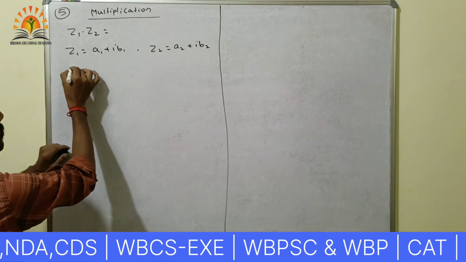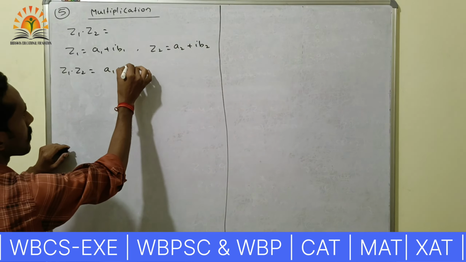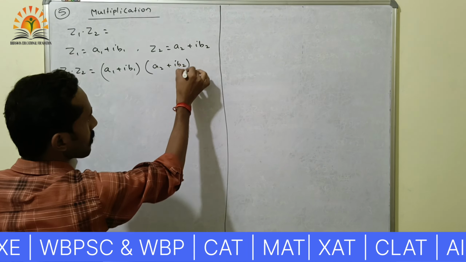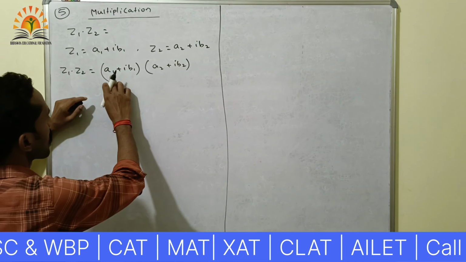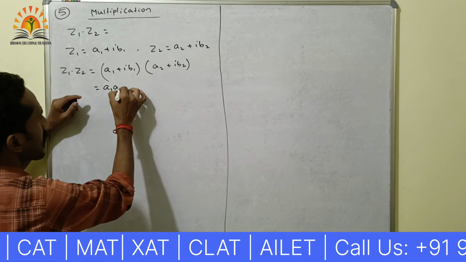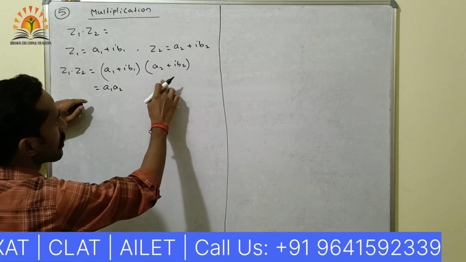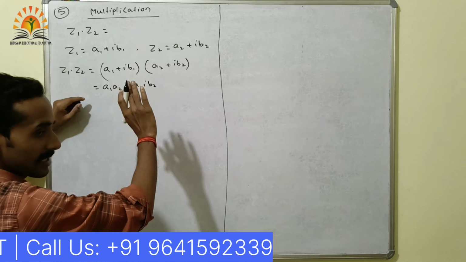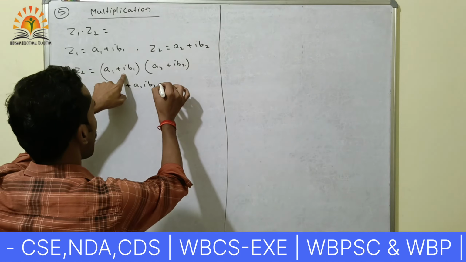If we have to multiply Z1 by Z2, we multiply a1 plus iota b1 with a2 plus iota b2, and you know this multiplication. First we multiply a1 with a2, which gives a1 a2. Then we multiply a1 by iota b2. We just write it as it is.